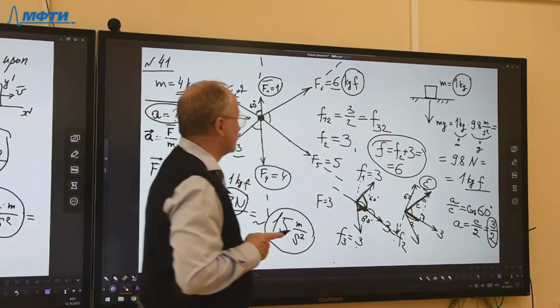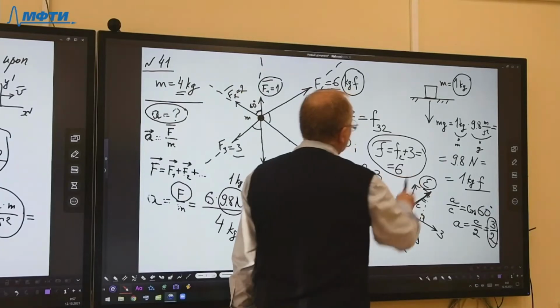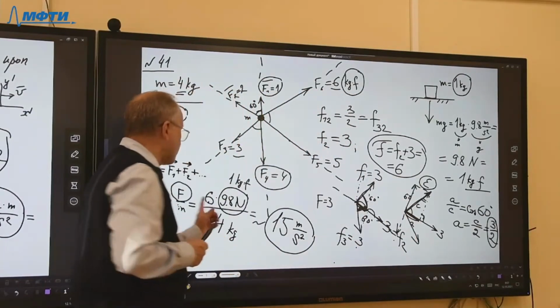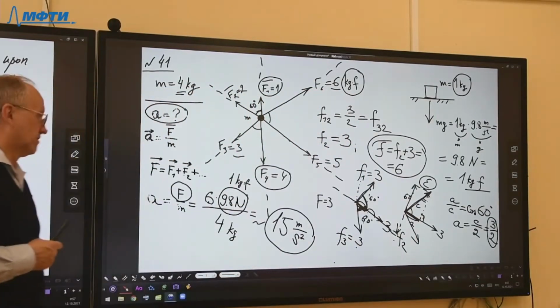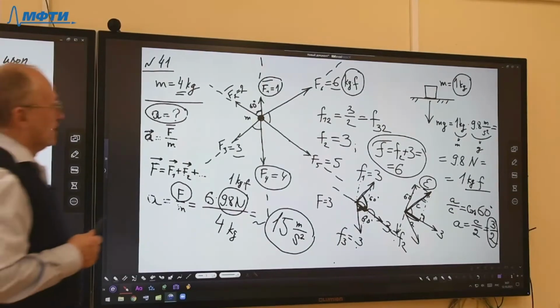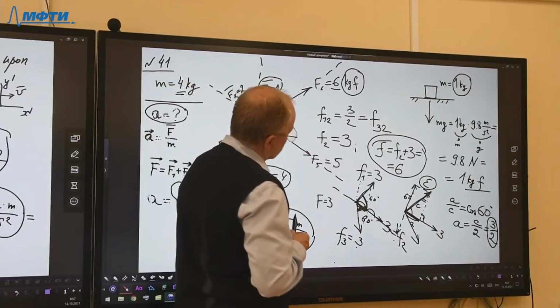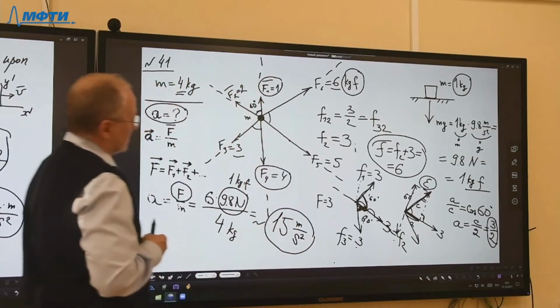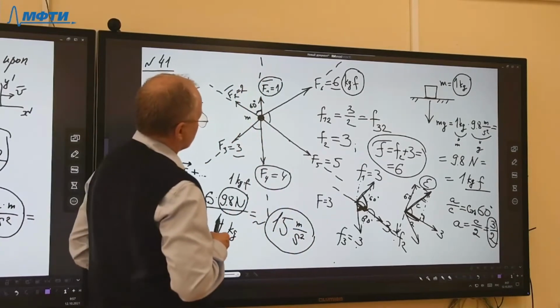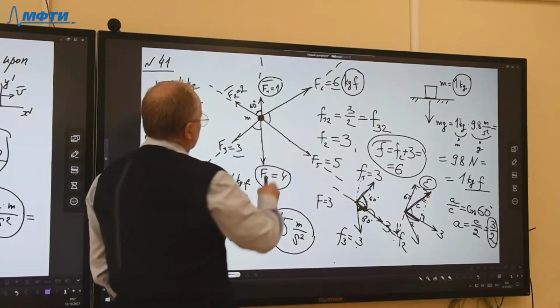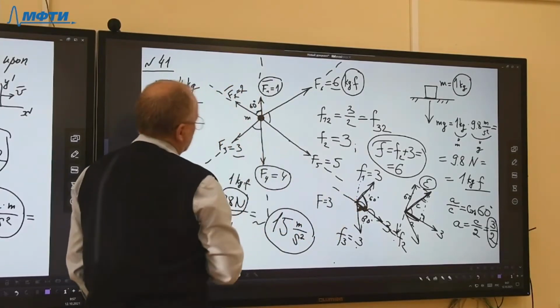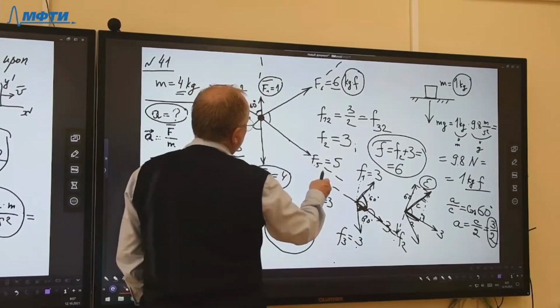And we have found the vector sum to be equal to 6 kilogram forces, which is approximately 60 newtons. That's very simple. The only difficult step in this problem is to find the direction of acceleration, which will coincide with the direction of force number 5.